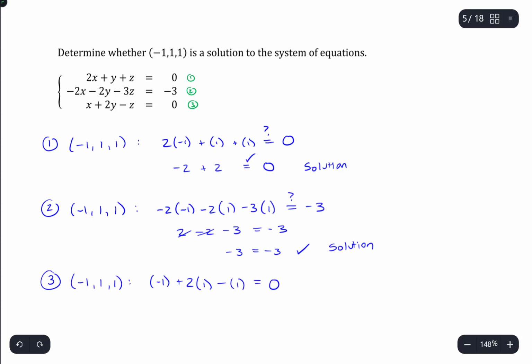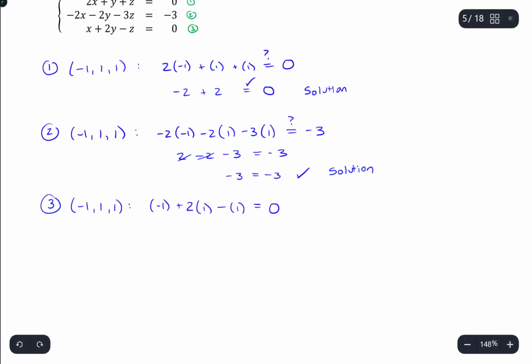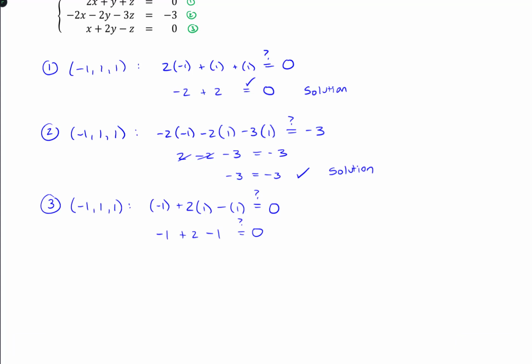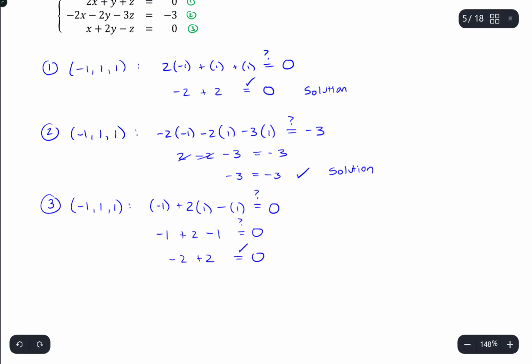And that's supposed to equal 0. So let's see what happens. Negative 1 plus 2 minus 1 should be 0. Put question marks there because we don't know yet. And let's see, negative 1 minus 1 would be negative 2. And then negative 2 plus 2 does in fact equal 0. So this is also a solution.